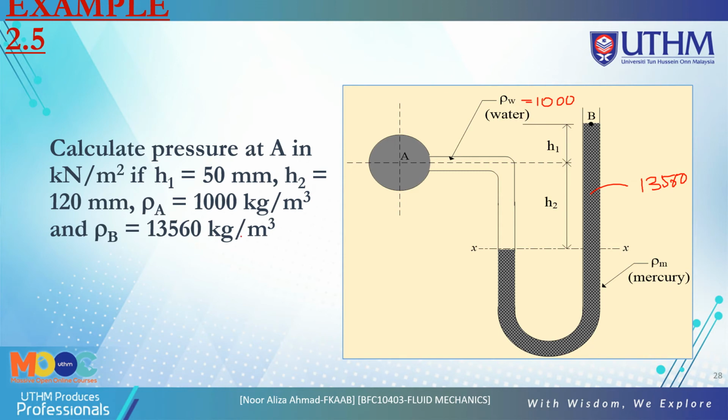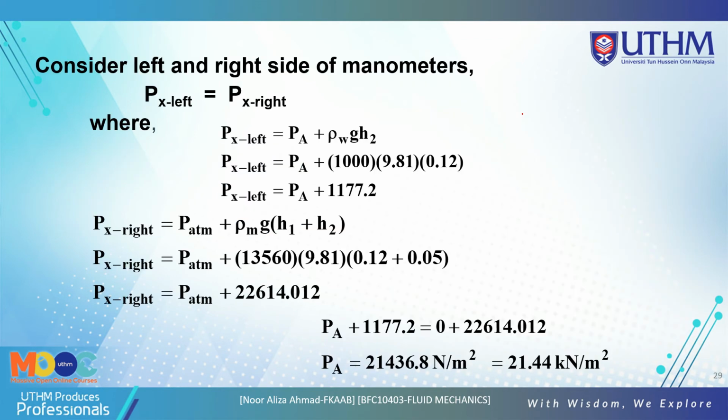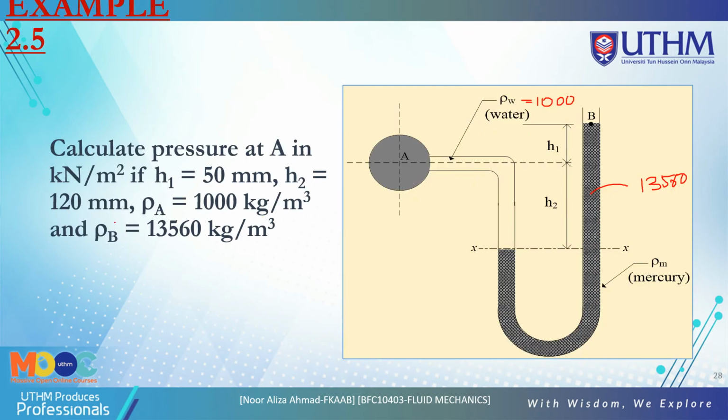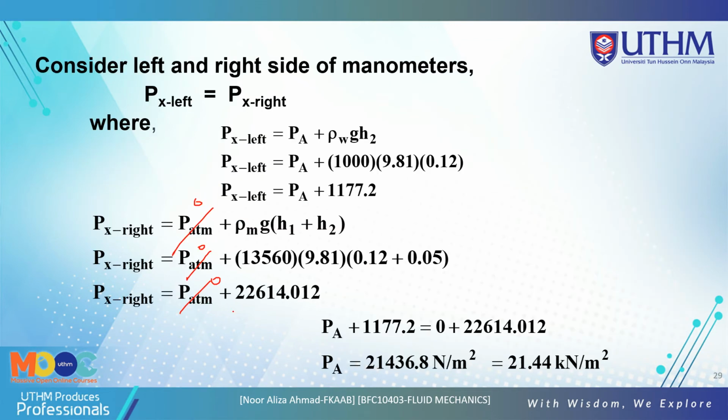The P atmosphere is not given in this example, so we can use 0 for atmosphere, because for this question the P atmosphere has no value, so we can assume it as 0.